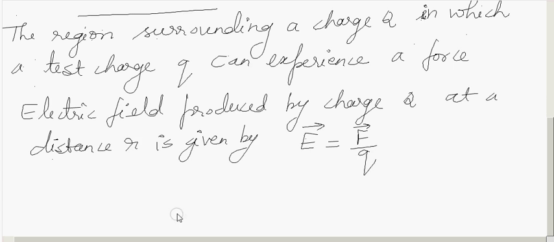So we know that F in the previous case was 1 by 4 pi epsilon naught into Q multiplied by small q by r square.